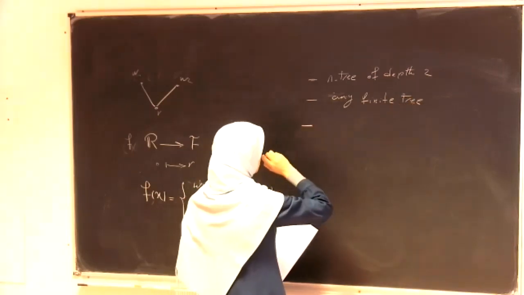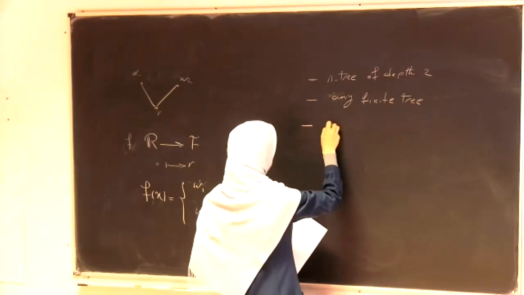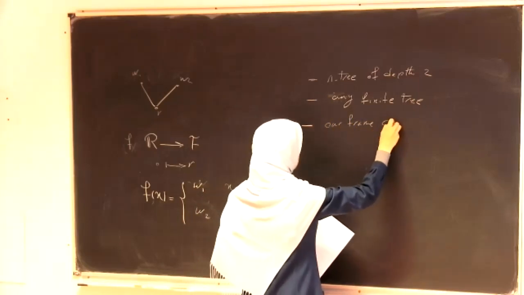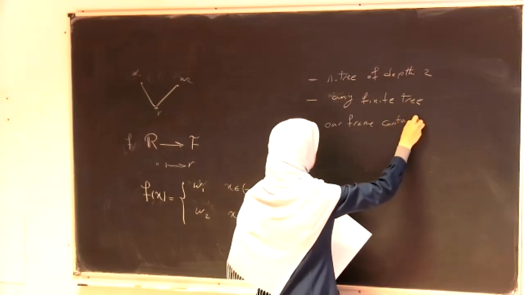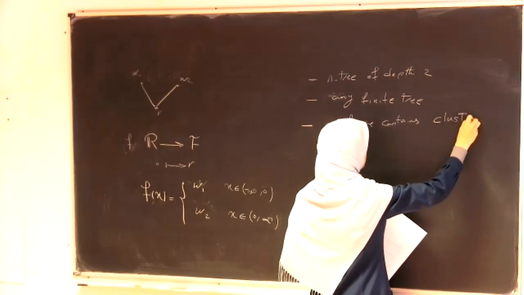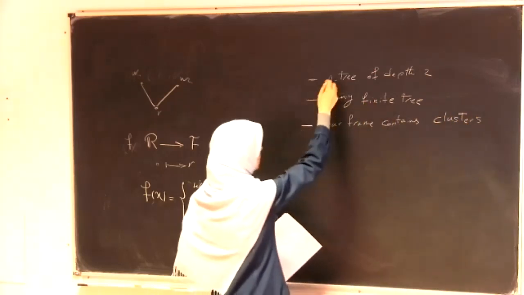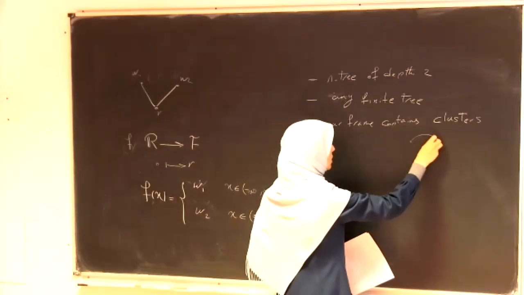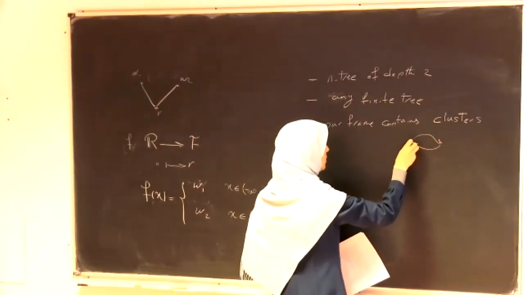Then we consider the case that our frame contains clusters, which means that our frame is not necessarily a tree. For example, we have such a condition in our frame.